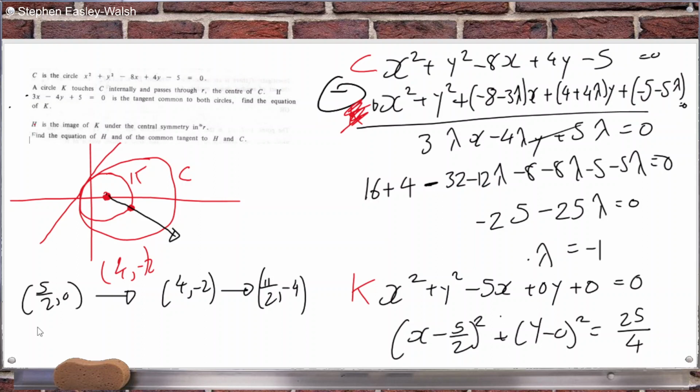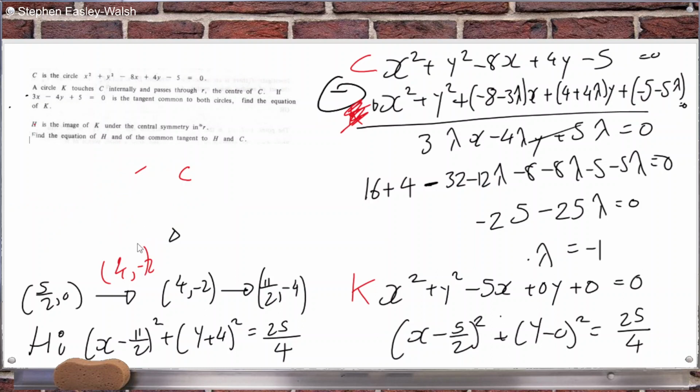So the circle H would be (x - 11/2)² + (y + 4)², and the radius is not affected by central symmetry in this case, so I think that'll be the H. Find the equation of H and the common tangent to H and C. Okay, so all I have to do is multiply out H and subtract. Then we're done.